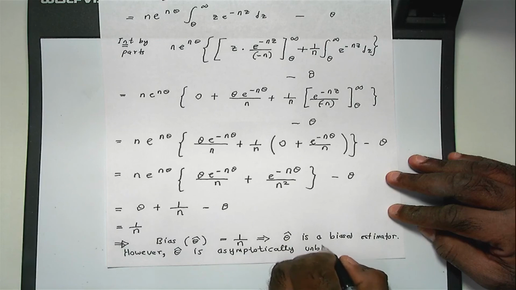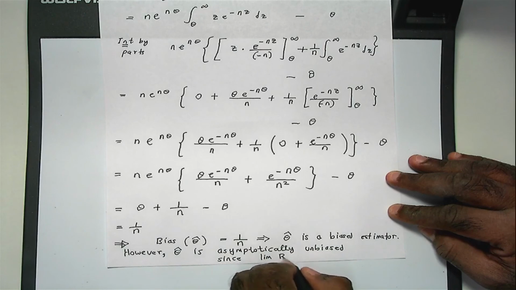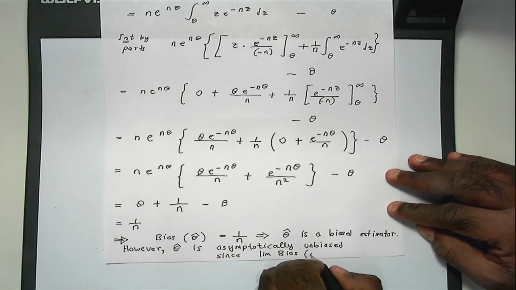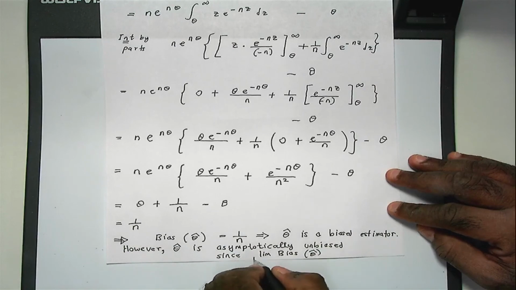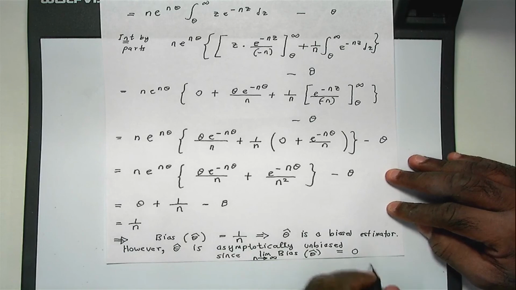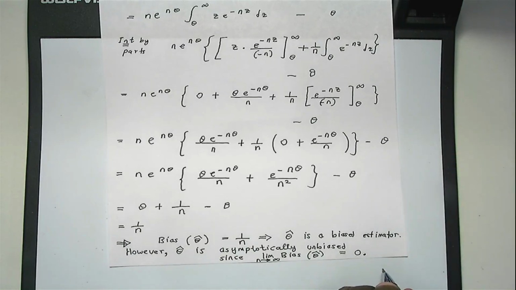It's asymptotically unbiased since the limit of the bias as n goes to infinity is equal to 0. Remember, if you take the limit of this as n approaches infinity, you get 0. Right? Okay. So that's the first part of the question.